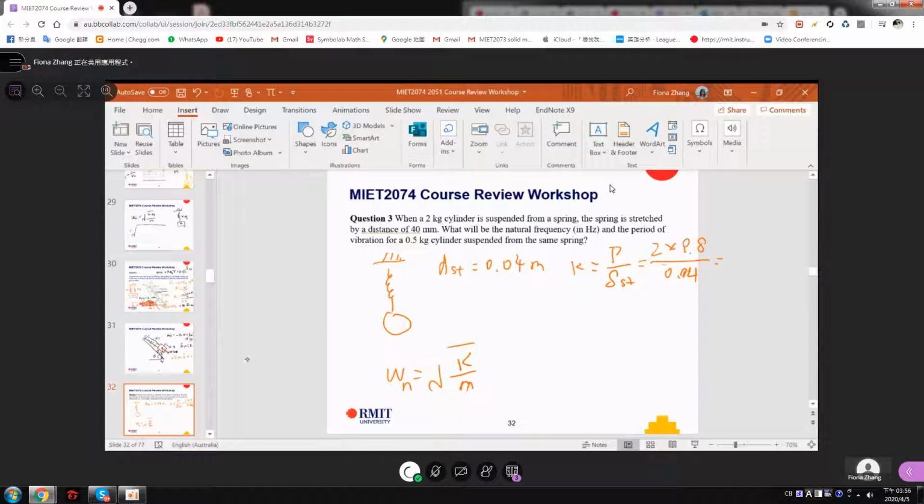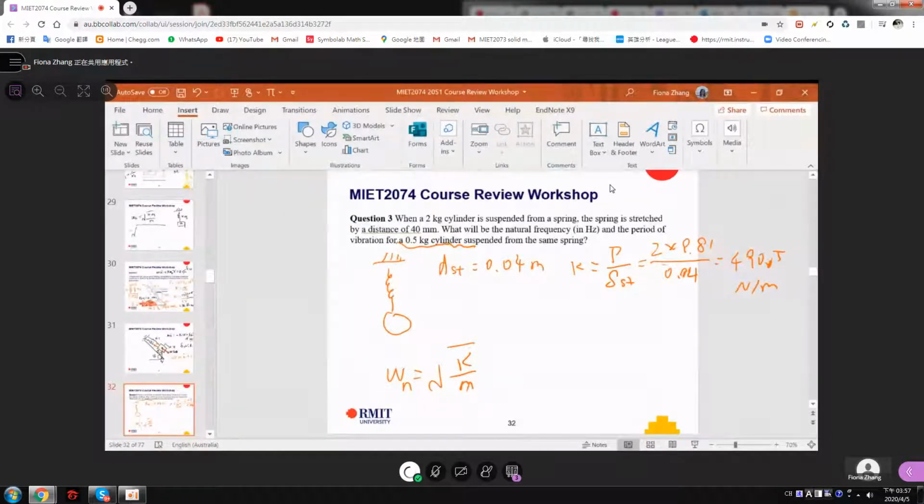Okay, so here: what will be the natural frequency and the period for a 0.5 kilogram cylinder suspended from the same spring? So this is very important. You read the questions, not true. So here then is just the K. After you calculate it is 9.81, right? Then 0.5.